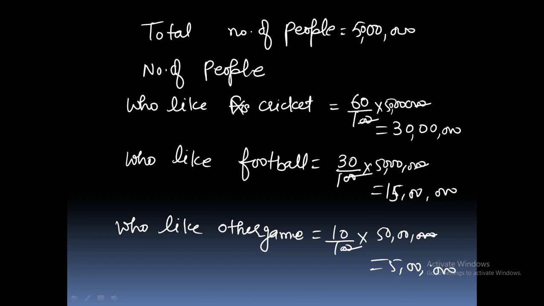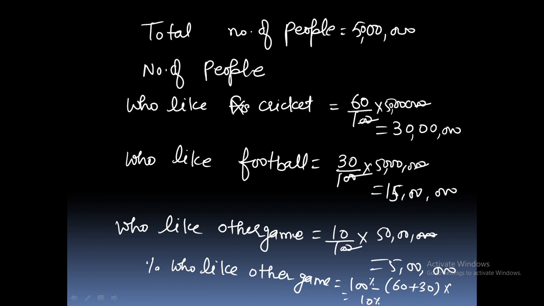Thus you can calculate the number of people who like cricket, football and other games. And you can also calculate the percentage who like other games by this method. Out of 100, subtract 60 plus 30 percent. You get 10% of people who like other games.